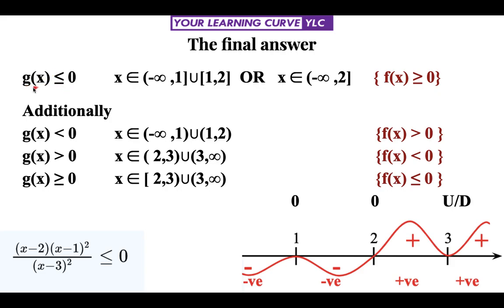So we'll write the answer for gx less than or equal to 0, but it will be for fx greater than or equal to 0, because gx is nothing but fx multiplied with a minus sign, so the inequality sign is changing. So let's say gx is less than or equal to 0. Remember one thing, when you are writing the intervals and using the brackets, you always write the interval first.